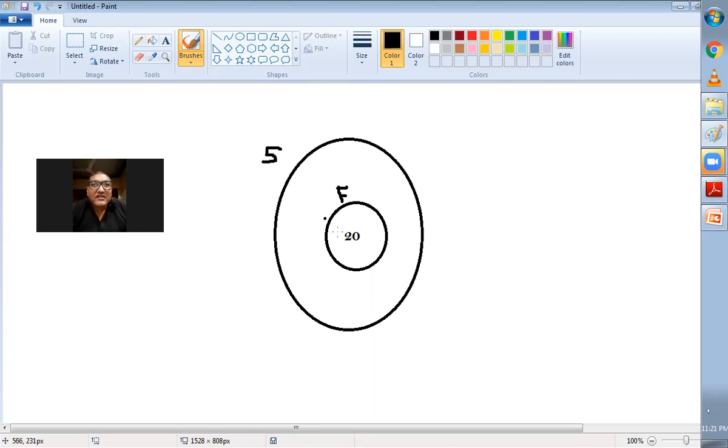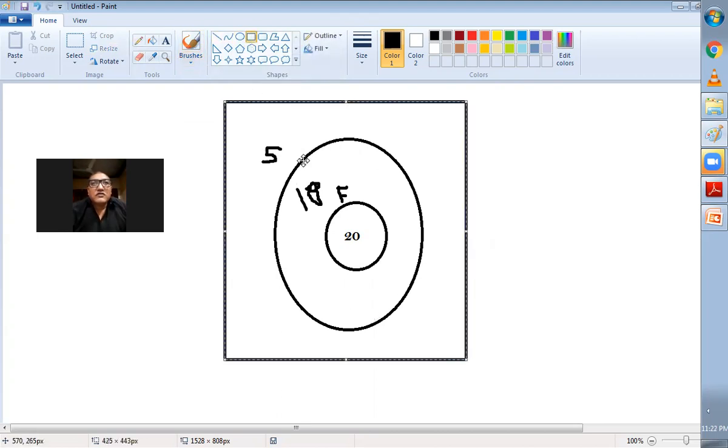So 20 are already in, so here I have 10. Spanish and French, and the people who speak no language: 10 and 20, 30. Total people are 42. 42 minus 30, so they will be 12.